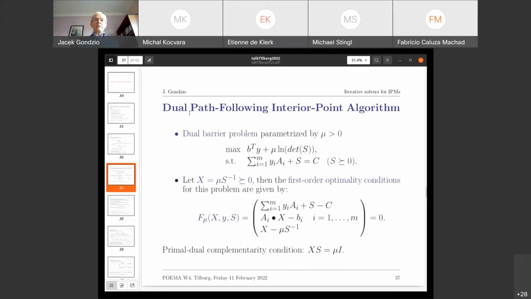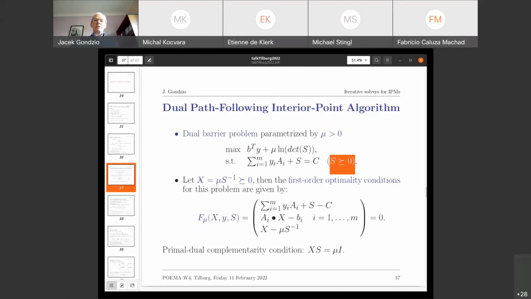Okay. So look at the dual barrier problem, in which we would like to maximize the dual plus the barrier function. So we removed the requirement that capital S is positive semi-definite. We just keep this requirement implicit.